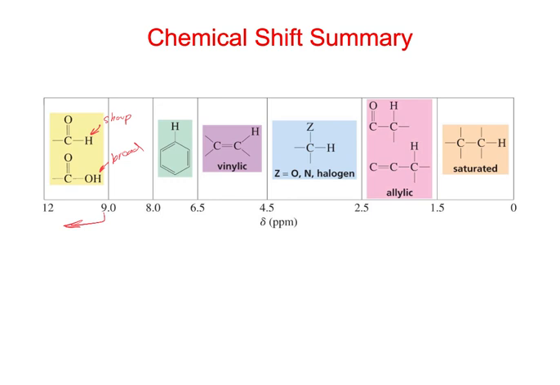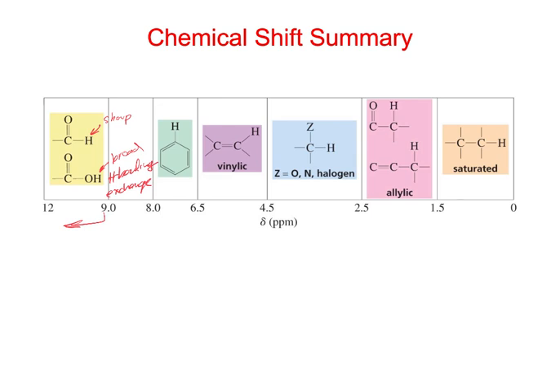Once you start hydrogen bonding, you have a variety of electron densities because the bond lengths can be varying, and so you also have exchange, which causes a broadening of the peaks. So this is H bonding and chemical exchange causes the broadening.